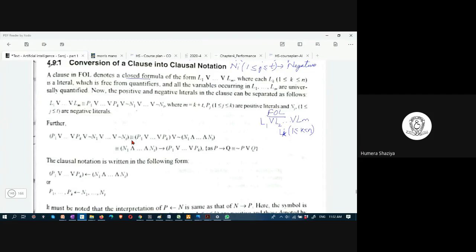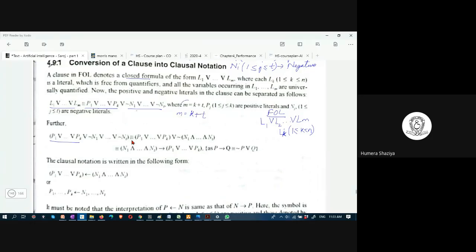What happens in this logic programming is P1 or P2 or up to Pk, all positive literals, or not n, all negative literals, where m is equal to k plus t.